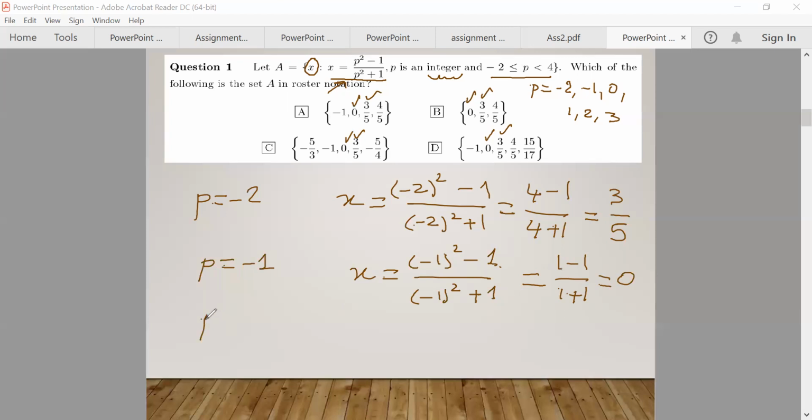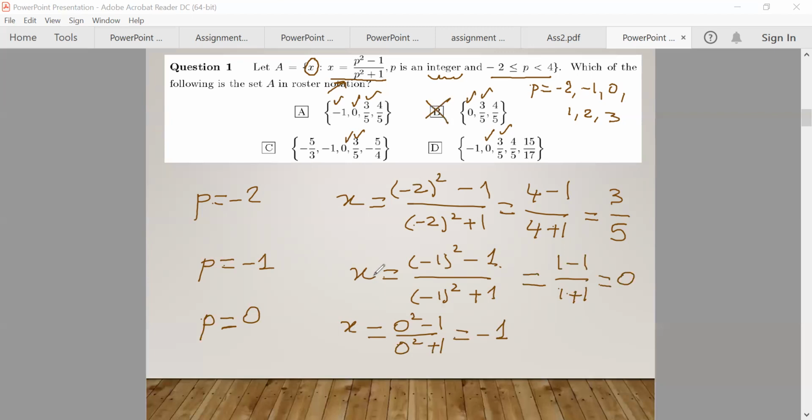For p equals 0, x will be 0 squared minus 1 over 0 squared plus 1. So -1. Here we don't have -1.